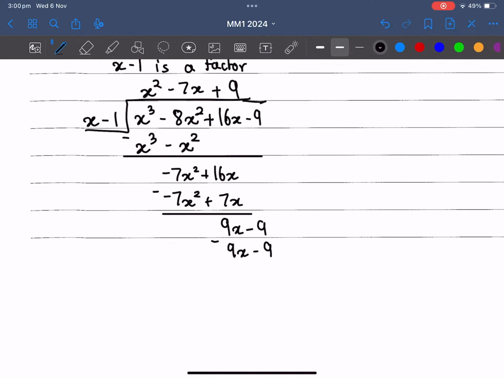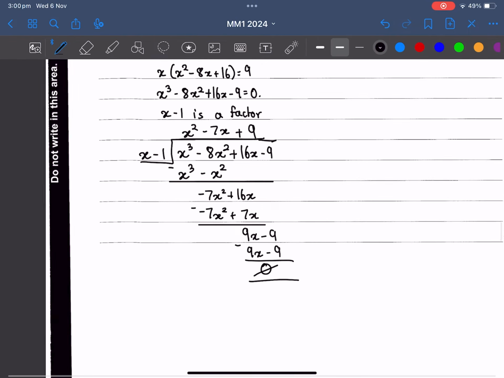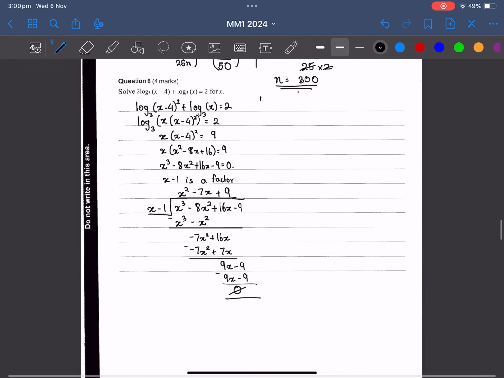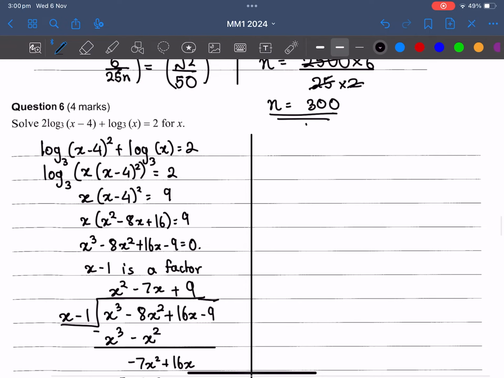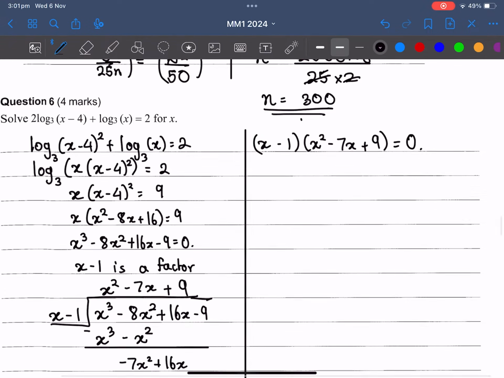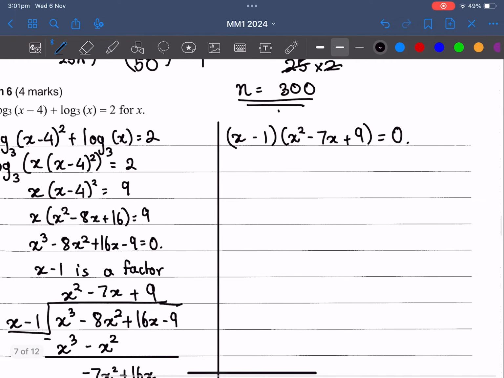Now we have a factorized form: x minus 1 and x squared minus 7x plus 9 is equal to 0. From just this we can clearly see one of our solutions is going to be x equals 1.